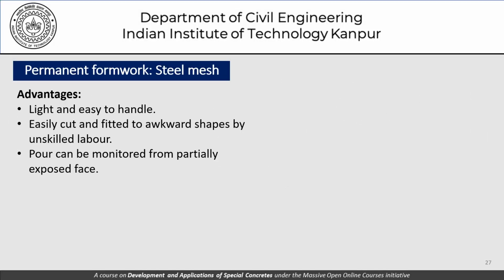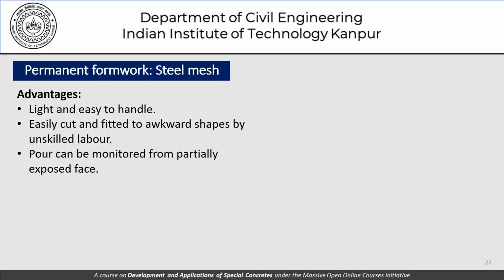So as far as the advantages of using this steel mesh formwork as a permanent formwork is that it's light and easy to handle, easily cut and fitted to awkward shapes by practically unskilled labor. The pour can be monitored from partially exposed surfaces.